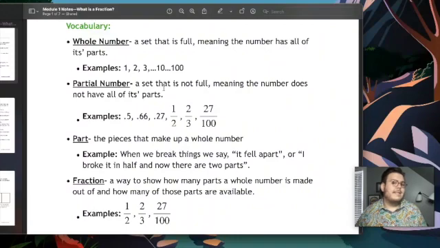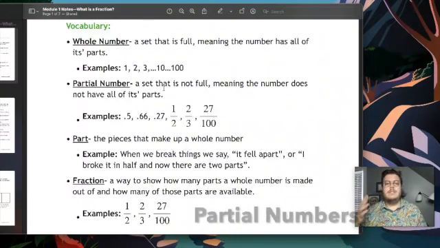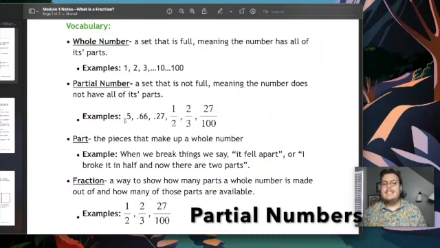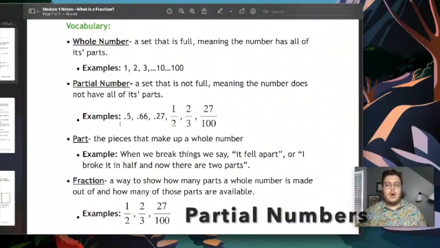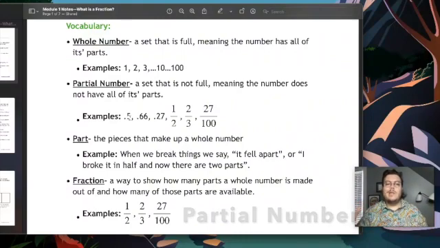Next, we have partial numbers. These are numbers where the sets are not full, meaning that the number does not have all of its parts. We've been working with some partial numbers already when we've been working with decimals. So 5/10 means that we have 5 out of 10 parts. That tells us that we have 10 parts to make our whole, and we only have 5 of them, so it's not a whole number.